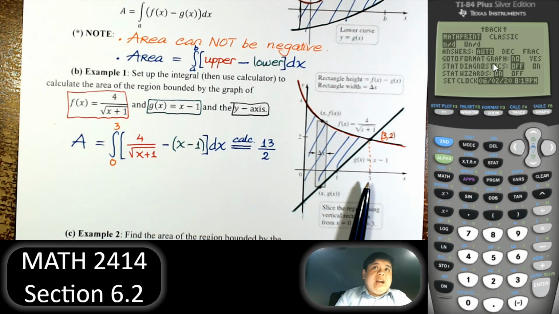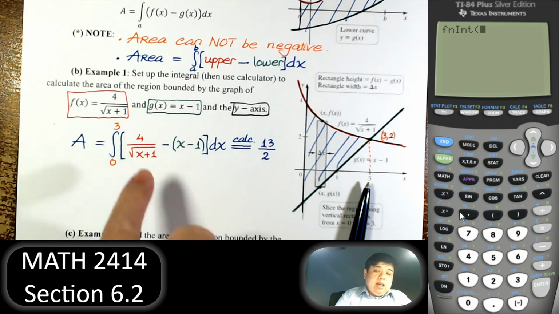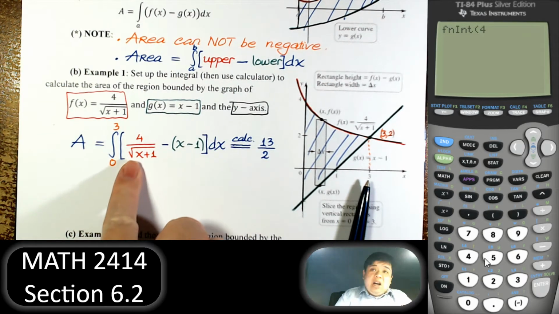If you do not have the option of choosing this, that means it is in classic mode. So when you hit math option number 9, it will look different. Don't worry though, the syntax is still the same. It looks a little more difficult to read, but it calculates the same thing. The math is still the same.